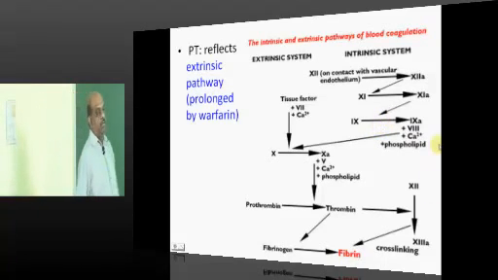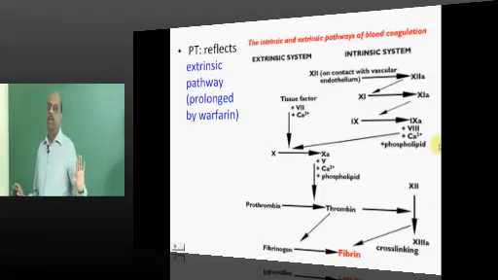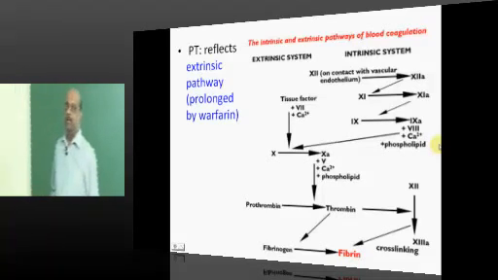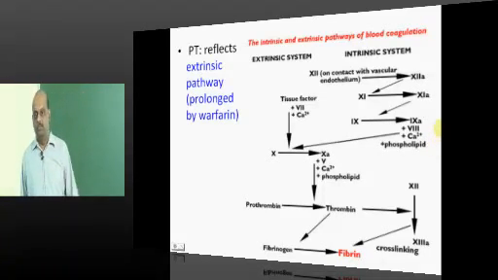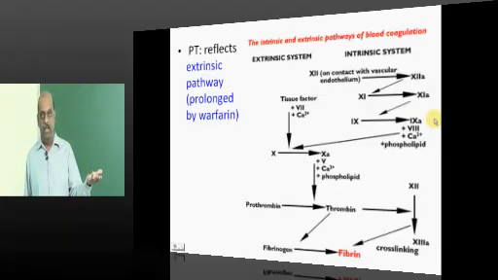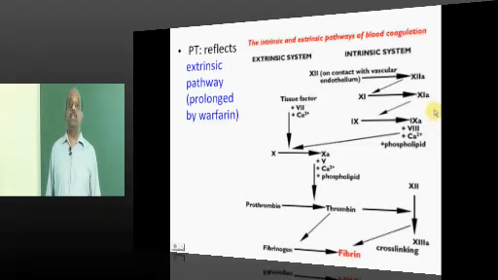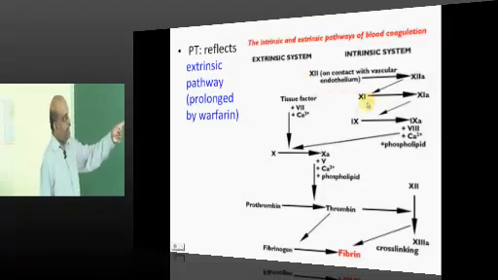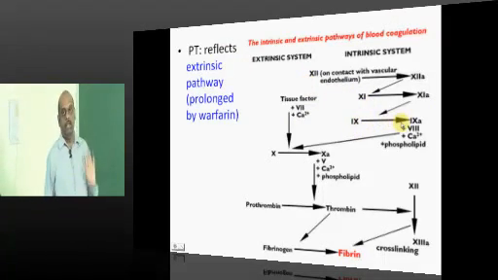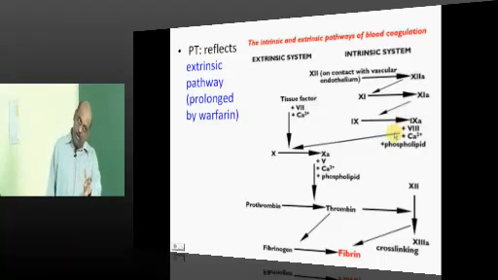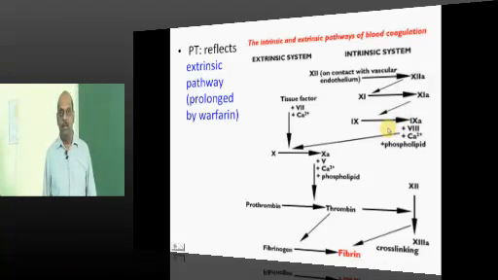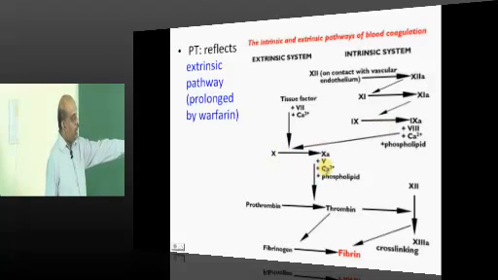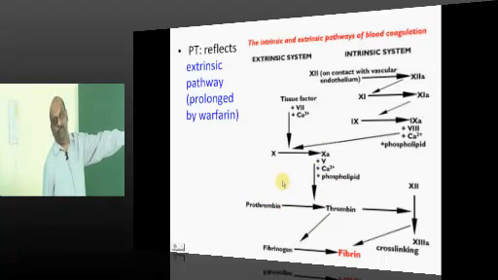Now tell me doctor, what prolongs the PT? Factor 7 deficiency. What prolongs APTT? 12, 11, 9, 8, any of them. What prolongs both PT and APTT? 2, 5, 10, because that's called the common pathway.